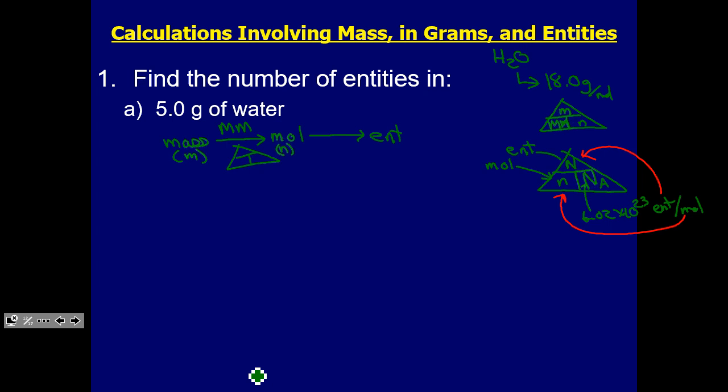And now I'm going to think about our entities triangle in a similar way as we did with our molar mass in my map. The thing I need to convert moles to entities is Avogadro's number. And Avogadro's number we know is 6.02 times 10 to the 23.